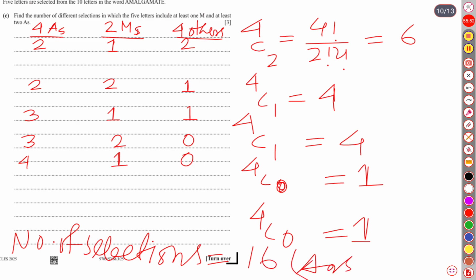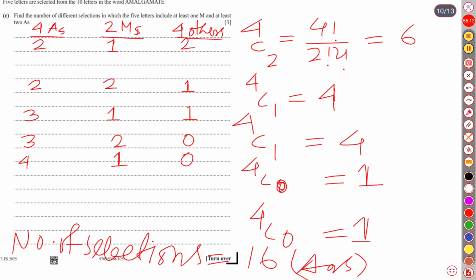So what have we learned from this solution? We have learned that for identical letters, the number of ways of choosing different letters is 1. As there is no difference among the identical objects, there is only one way to choose them.